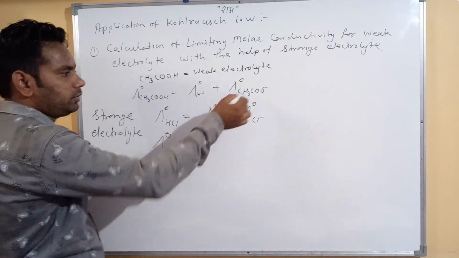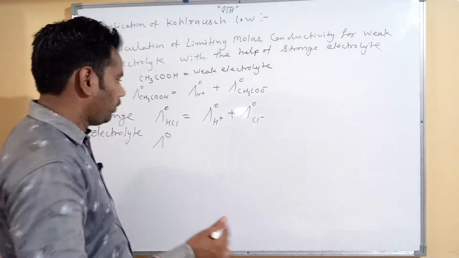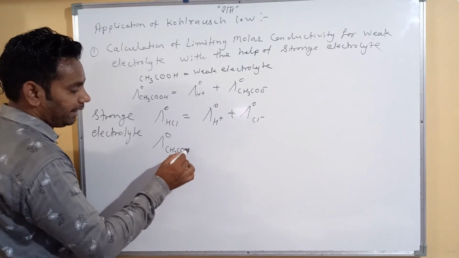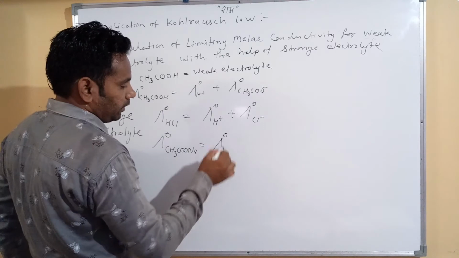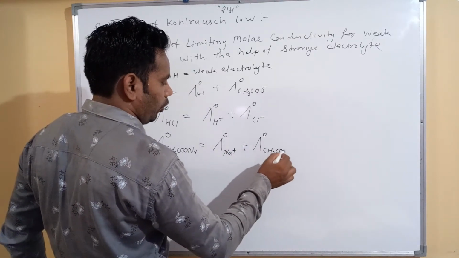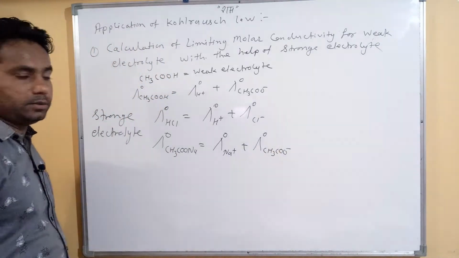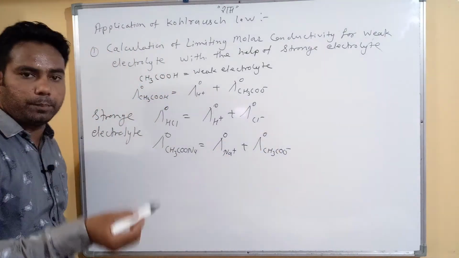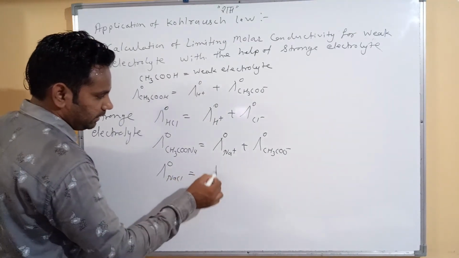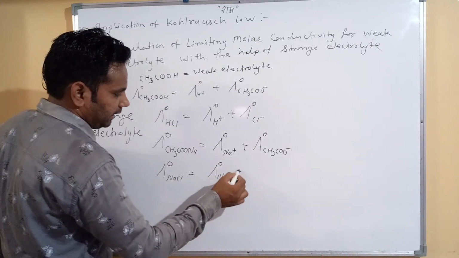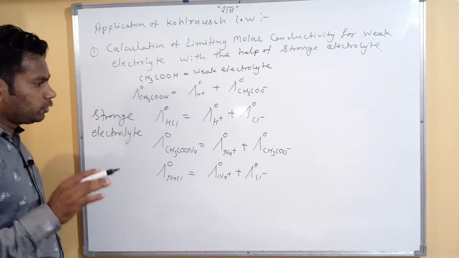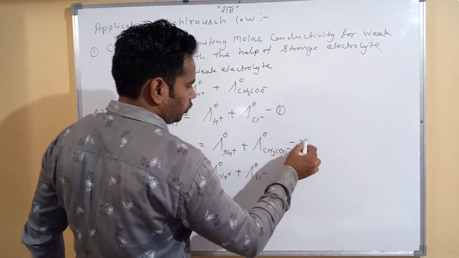Then again we want CH3COO- acetate ion, so I know another strong electrolyte, CH3COONa, which gives Na+ and acetate ion CH3COO-. It is important for us, but Na+ and Cl- are not important for us. So we take one more strong electrolyte, NaCl, which converts into Na+ and Cl- ions. Okay, done. So we have equations 1, 2, 3.